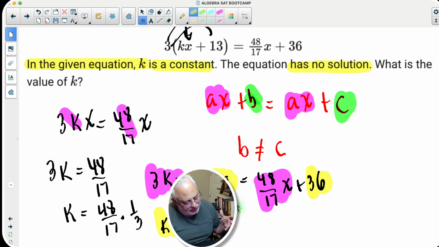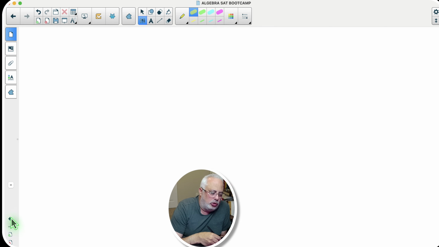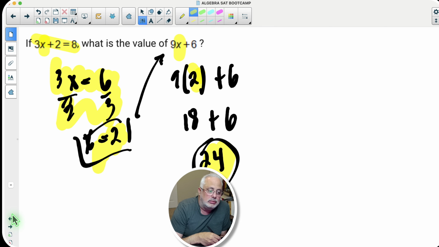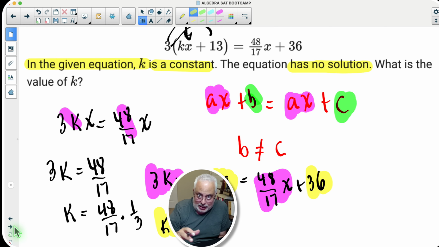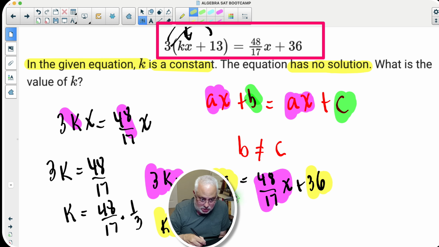This is the difference between easy and hard, using the same domain. So remember the first question was very straightforward. What is the value of k if the equation has infinite solutions? Very simple structure. But the structure here targets another conceptual mathematics, no solutions, but with a more complex structure.